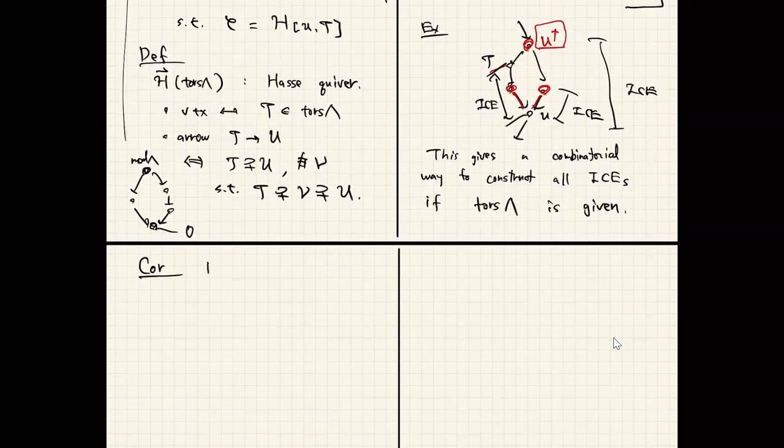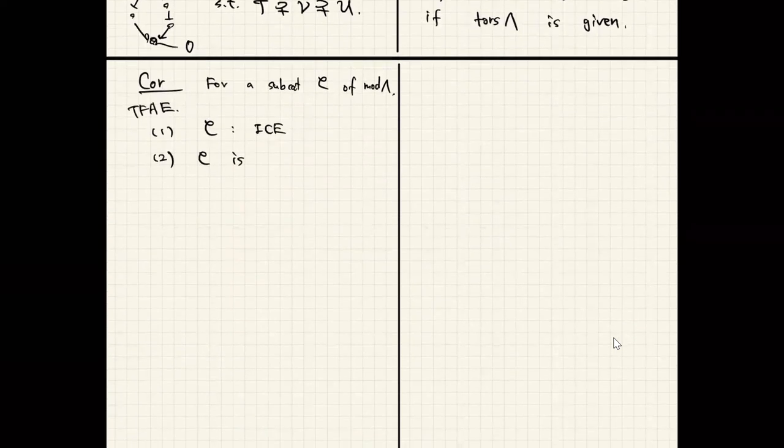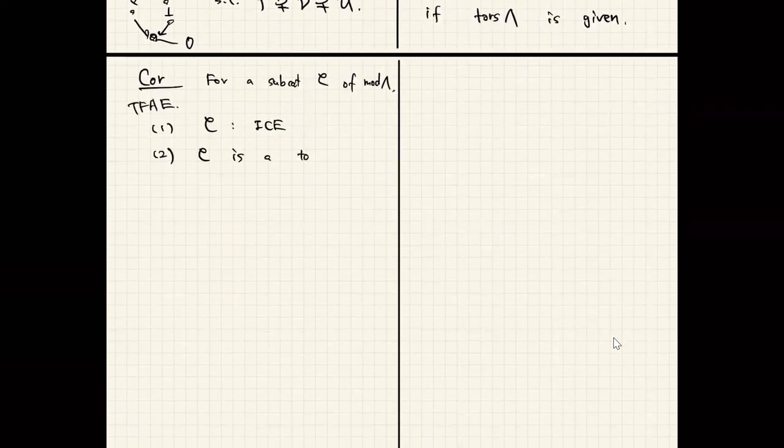Corollary: for a subcategory C of mod Λ, the following conditions are equivalent. The first condition is that C is ICE-closed. The second condition, maybe you have already seen this condition, is that C is a torsion class in some wide subcategory of mod Λ.